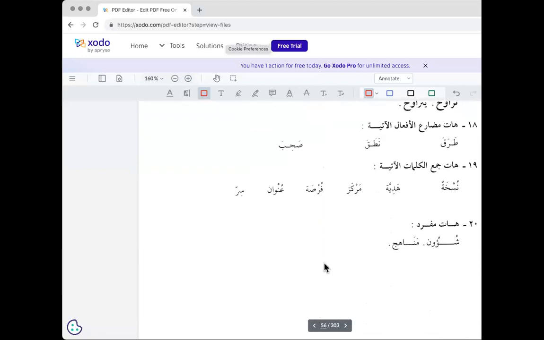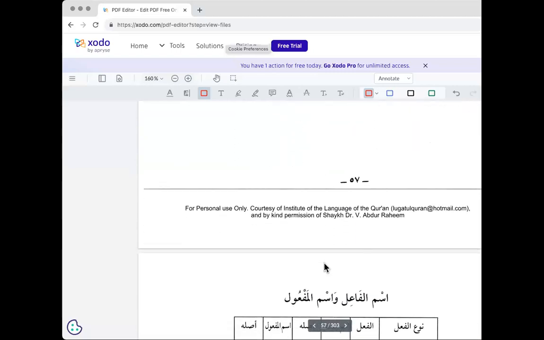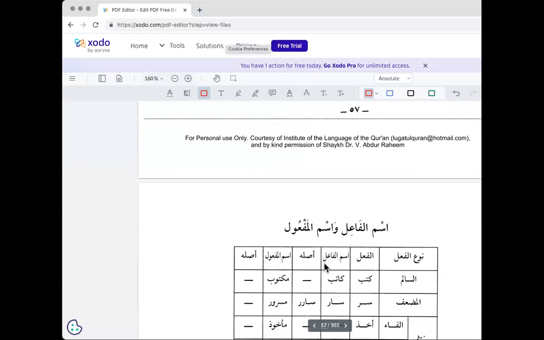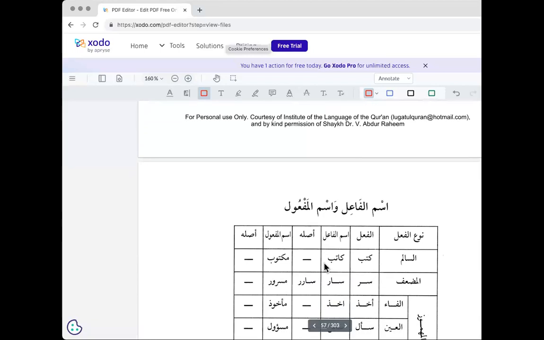These are amazing exercises, 18, 19, 20. If a person spent their time on these exercises, their Arabic would really improve, their understanding would really improve. So I implore you all, do the exercises, invest your time in learning Arabic by practicing the exercises.